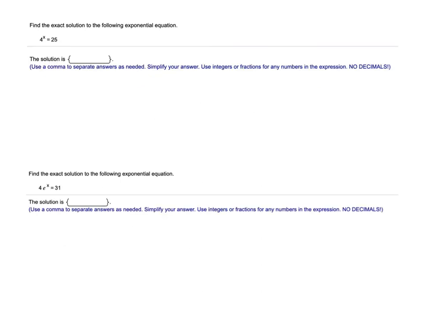All right, so we're at our last two problems. These are exponential equations where we can't relate the bases. We look at 4 to the x and 25. Now 25 is 5 squared, right? But we can't get the same base, 4 and 5. So what you can do is take the natural log of both sides. Natural log of 4 to the x equals natural log of 25.